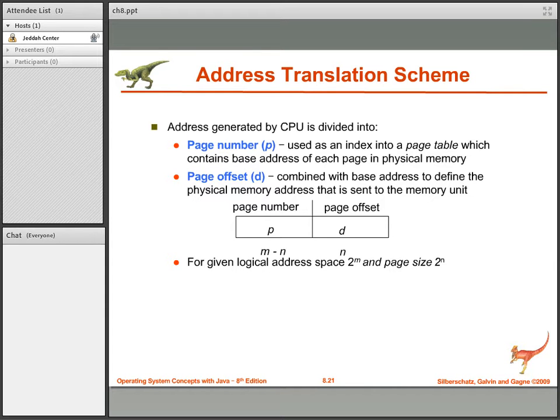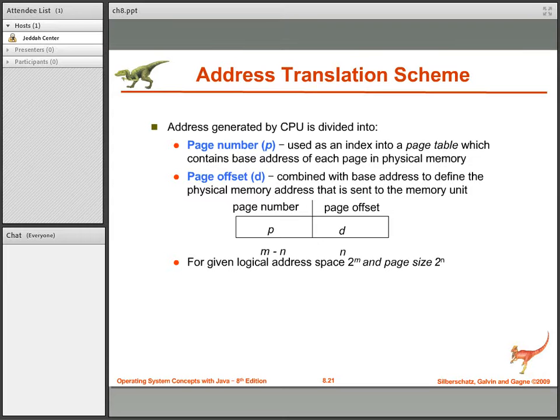This table that exists and that is indexed by the page number P is used in combination with what is called a page offset D. The base address is used in combination to define the actual physical memory address that is sent to the memory unit.